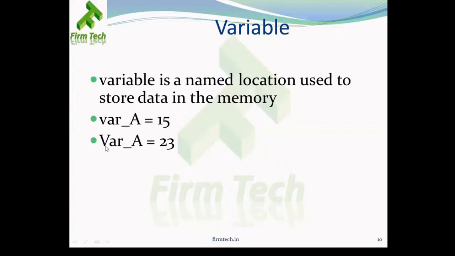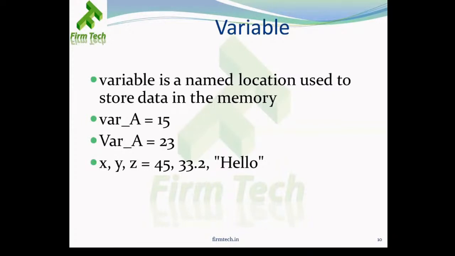That is, the names of variables should start with an alphabet and are case sensitive, or can also start with an underscore. See here, x, y, z is equal to 45, 33.2, hello. These are multiple assignments in a single line.